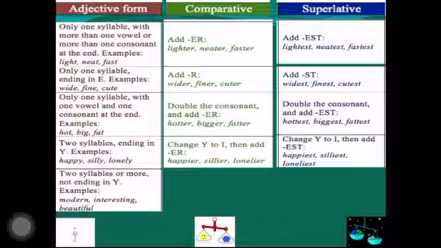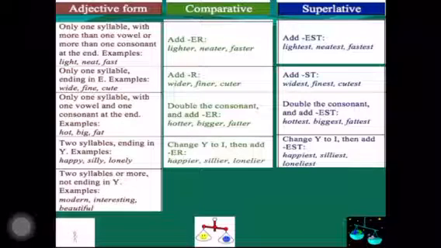If I have two syllables or more but not ending in Y, notice here, two syllables or more but they don't end in Y, like modern, interesting, beautiful, exciting. So these are long adjectives.